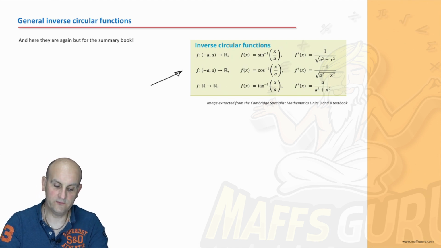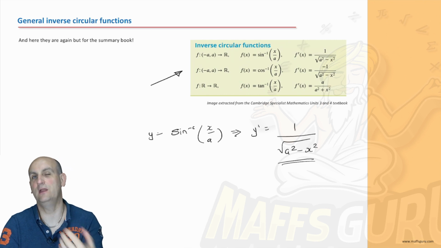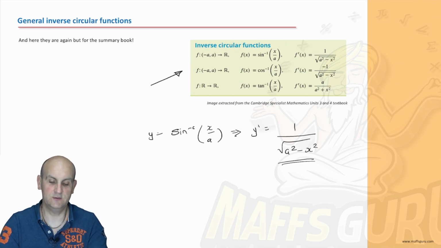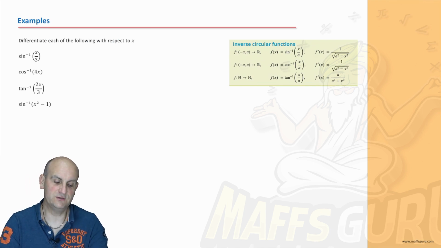And again, what we notice is, for example, that sine to the minus 1 of x on a, if y is equal to that, then y dashed is equal to 1 on the square root of a squared minus x squared. So that's my general solution to allow me to do that. Those are going to come in handy. For example, now when we do some examples, differentiate each of the following with respect to x.